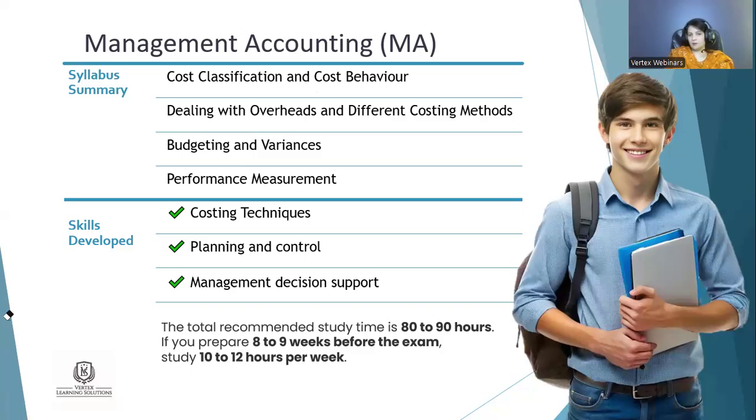Anyway, dealing with overheads in different costing methods. What are overheads? Let's say there's a chair, or we need to make a chair, and for that we need raw material.